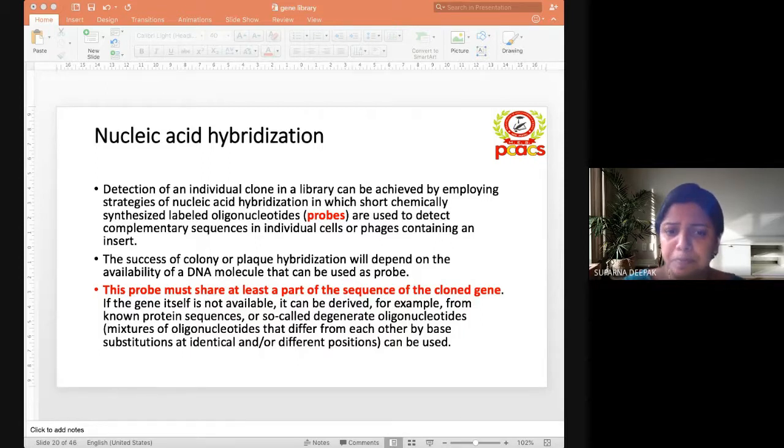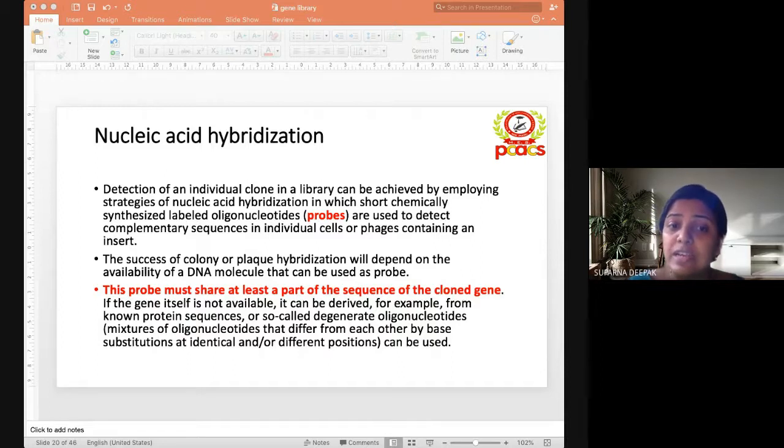These probes are going to be very important. As we have already discussed, prior knowledge of the gene is required, and only then can we design a probe. If probes are available, then this is the best method to go for. The probe must share at least a part of the sequence of the cloned gene.